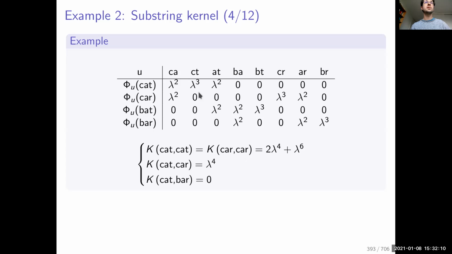That gives me lambda 4 plus lambda 6 plus lambda 4. Now, if I want to compute the kernel value between cat and car, it turns out that in common they only have CA. So I will have lambda squared times lambda squared, which gives me lambda to the power of 4. And what about cat and bar? Cat and bar don't have a single pattern in common.